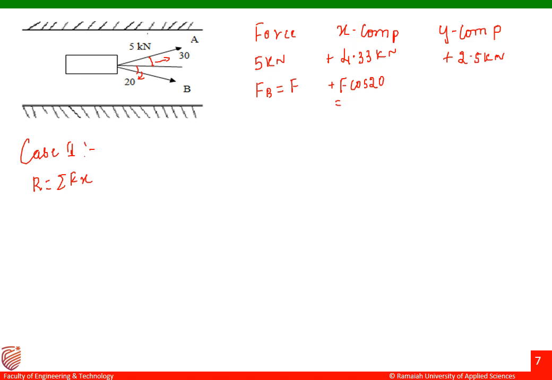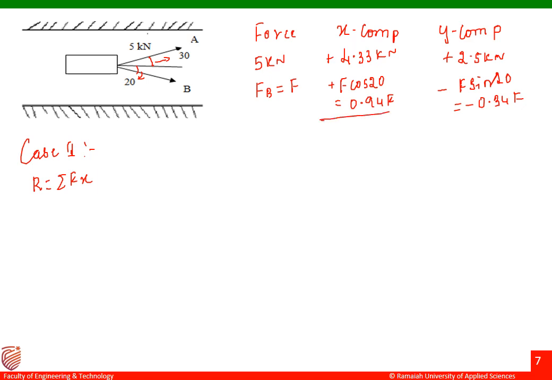Cos 20 is 0.94, so that is 0.94 F. Similarly, the y component is minus F sin 20 degrees. Sin 20 degrees equals 0.34, so that is minus 0.34 F. So we found the x component and y component of both forces.